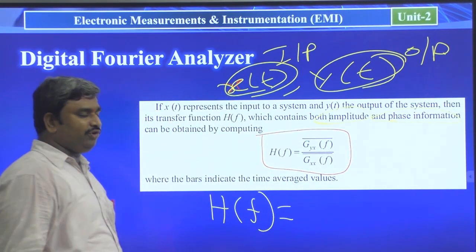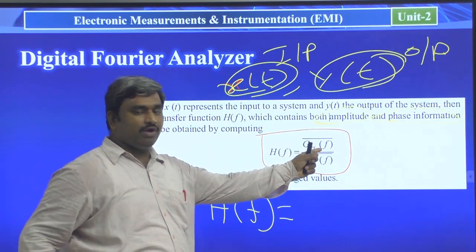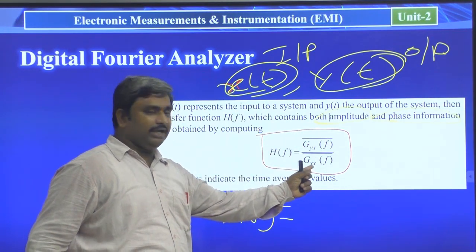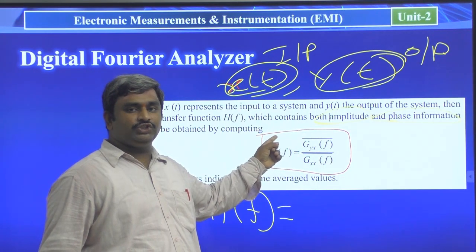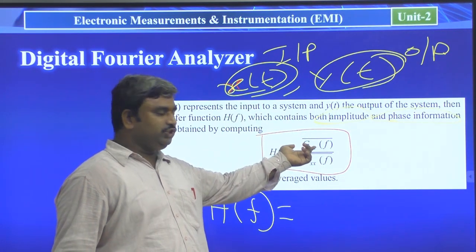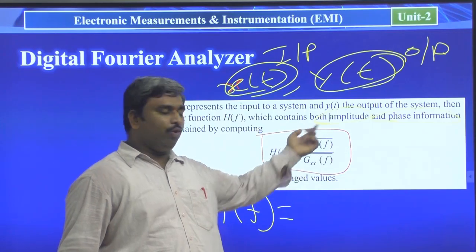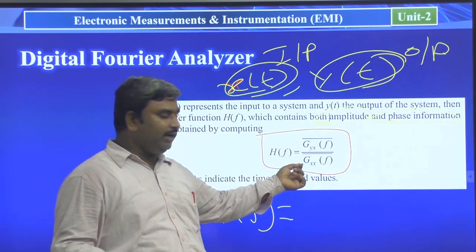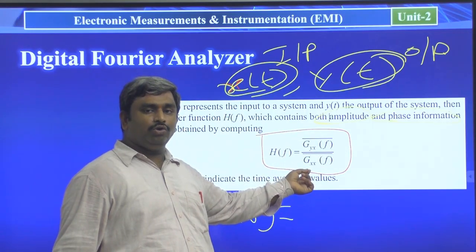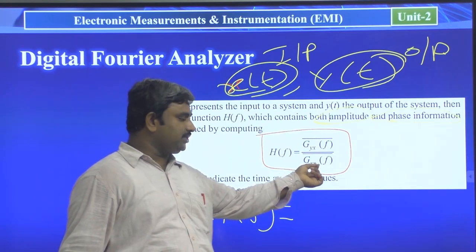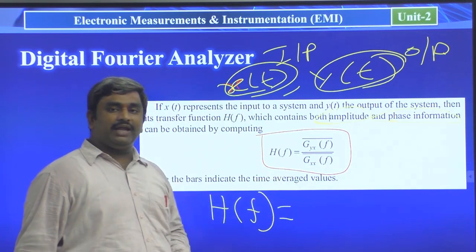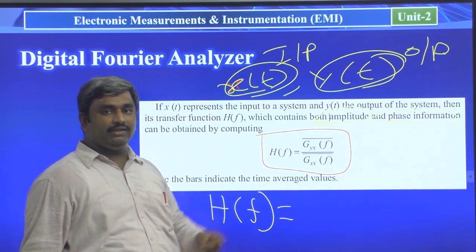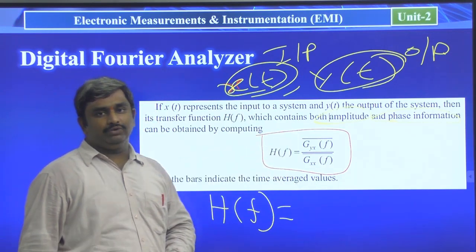where H of f is equal to Gyx of f whole bar by Gxx of f whole bar. That is the cross correlation function of x and y, Gyx of f whole bar. In the denominator we have written the autocorrelation function of x of t, Gxx of f whole bar, where the bars indicate time averaged values.